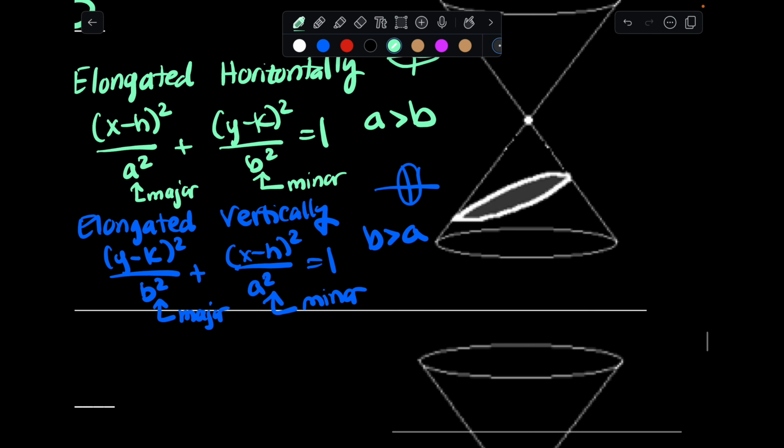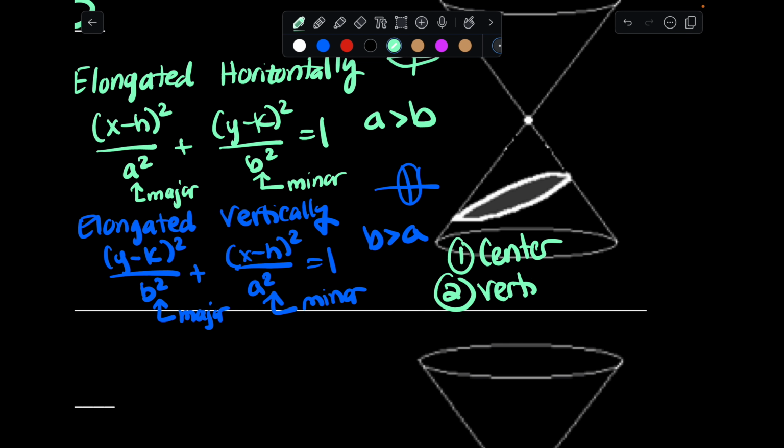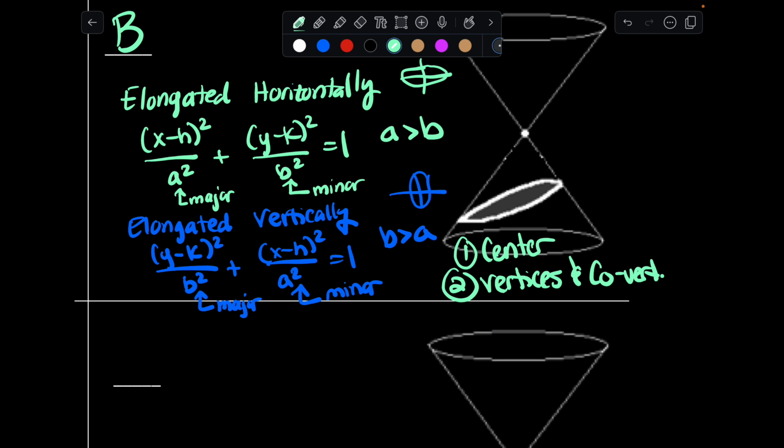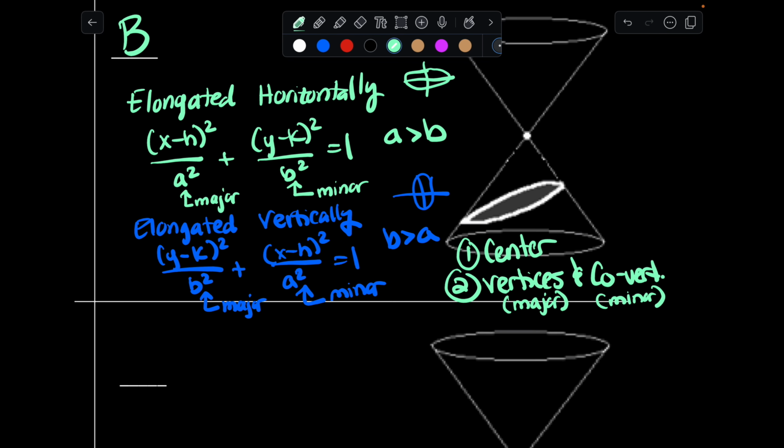Now for the ellipse, we'll solve for two things. We're going to find the center, and using the major and minor axes, we will find the vertices and the co-vertices. The vertices will be the ends of the major axis. The co-vertices will be the ends of the minor axis.